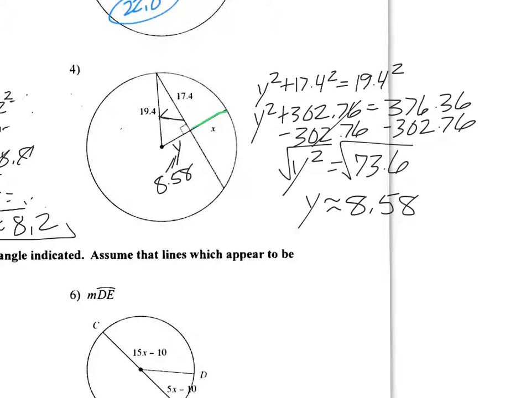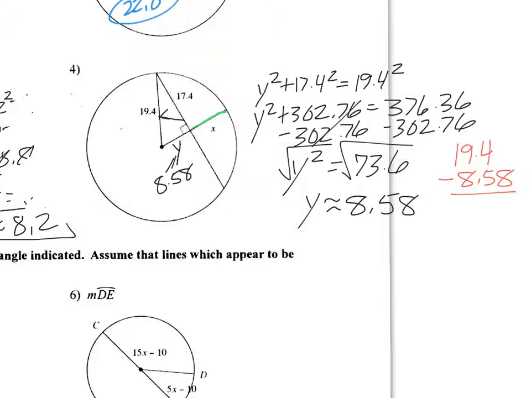Now, what I do know, we did this earlier, from here to here is the radius. Well, I know what the radius is. It's right here. It's 19.4. So what I need to do then is 19.4, the radius, minus that 8.58. If I do that, that'll give me how much x is.